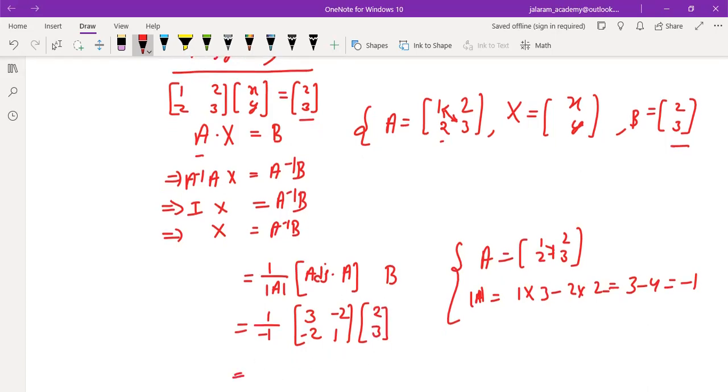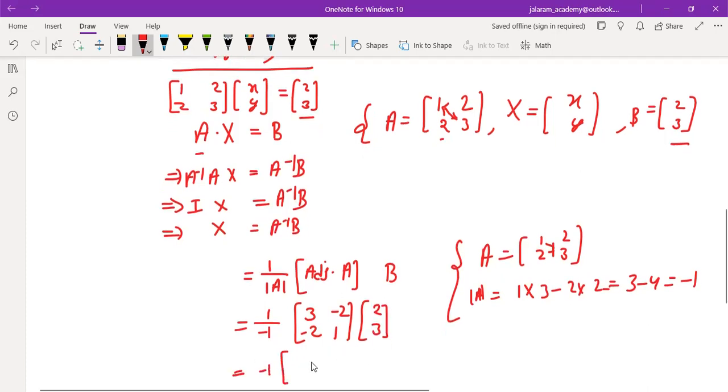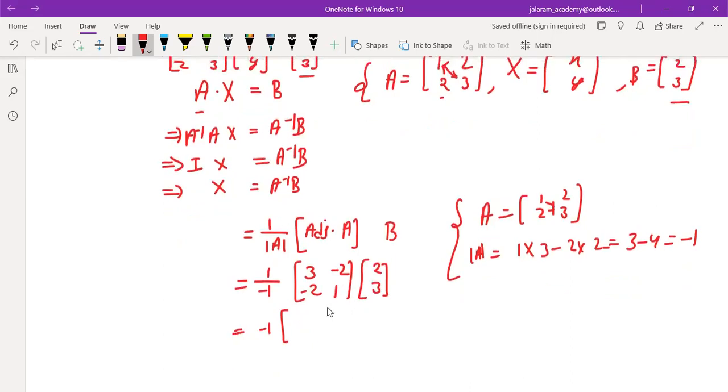Now 1 upon minus 1 is minus 1 only. First we will multiply these two matrices. So row by column. First row 3, minus 2. So 3 into 2 plus minus 2 into 3.